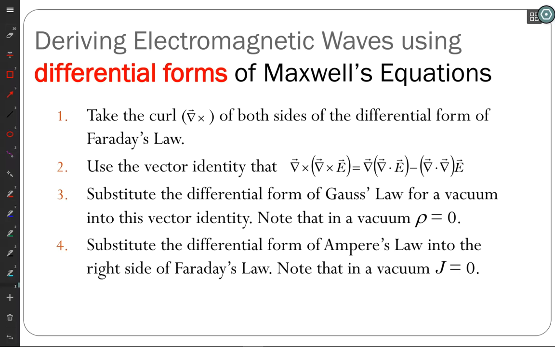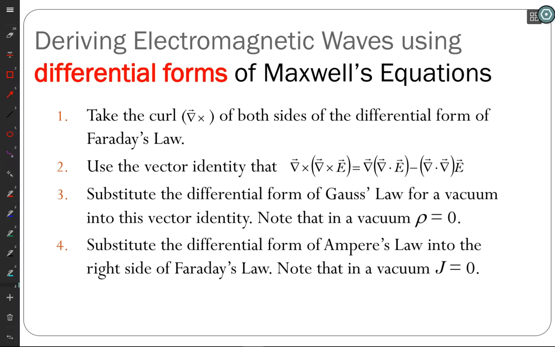So first, you take the curl of both sides of the differential form of Faraday's law. There's more than one way to skin this cat, and I just chose one of them. Use the vector identity that del cross del cross E is equal to del times del dot E minus del dot del E. How many people knew that identity? Yeah, me either.